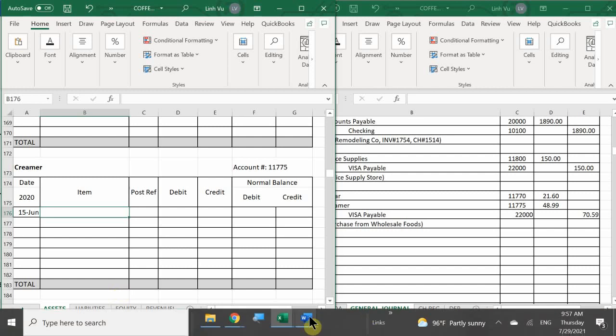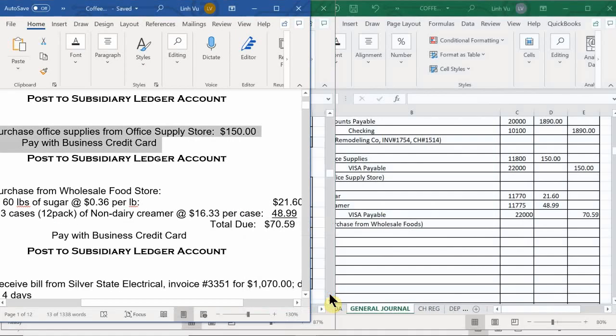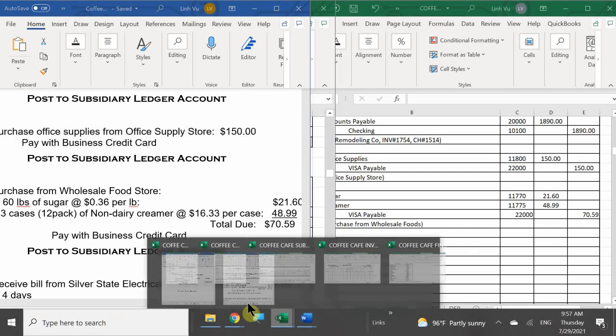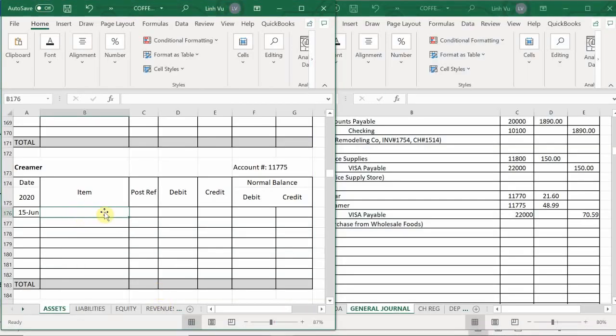Non-dairy creamer, $16.33 per case, 3 cases. So we just put 3 cases at $48.99. In this case you have a place to put that $49.